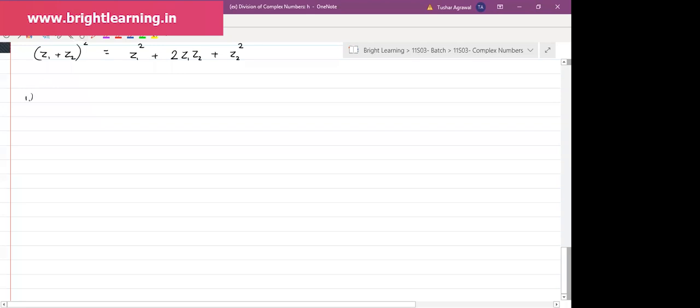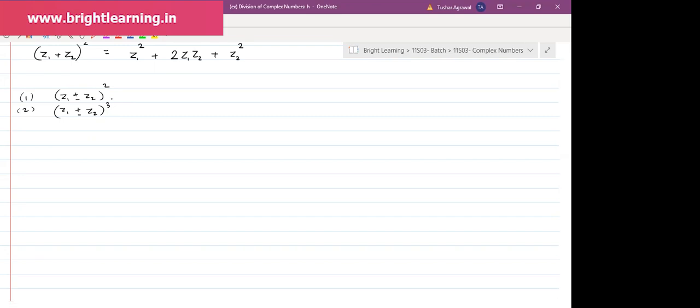So the first identity is Z1 plus Z2 square. Second is Z1 minus Z2 square, or I will write here only Z1 plus minus Z2 square, Z1 plus minus Z2 cube. You will be able to calculate these values, no doubt, it won't be trouble.